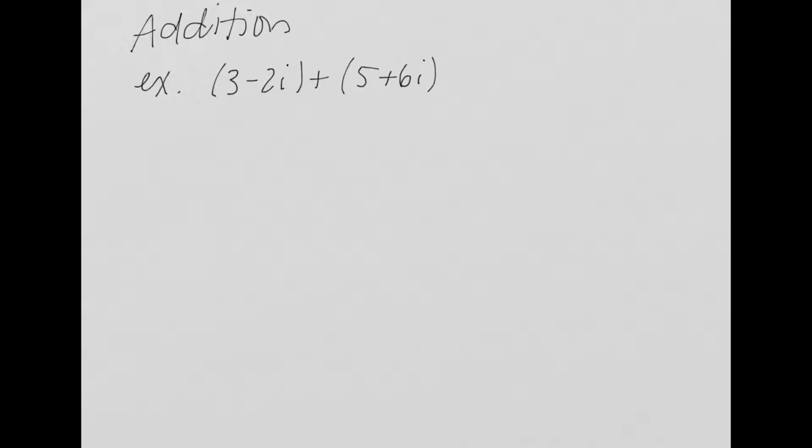So first off, addition. For addition of two complex numbers, all you're going to do is add the real parts, add the complex parts. So for example, let's say that I do 3 minus 2i plus 5 plus 6i. Those are my two complex numbers, first, second.